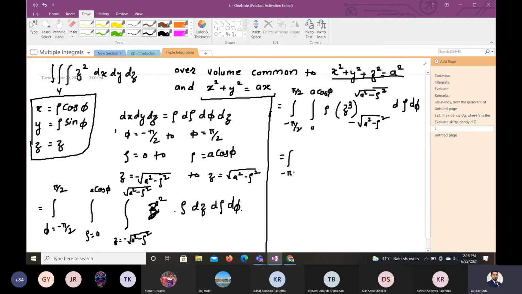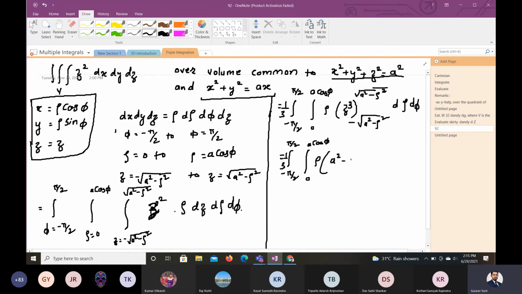This is minus pi by 2 to plus pi by 2. Sir, upon 3 also, right? Yes, exactly. So 1 by 3 I'll take outside. So a cos phi, we have rho in bracket, upper limit.